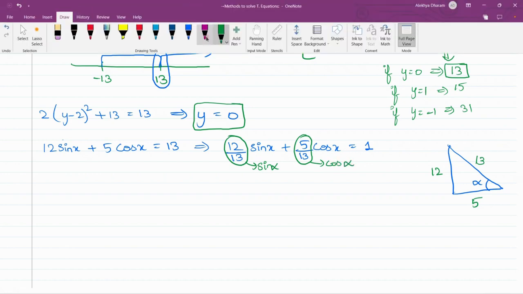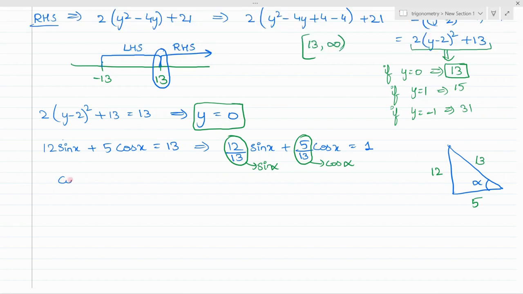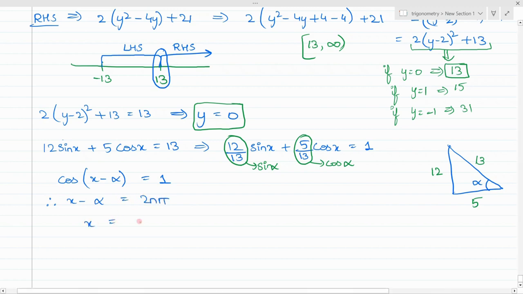Now it's in the form of sin A sin B plus cos A cos B. So cos of A minus B, which is x minus alpha, equal to 1. So this is a simple trigonometric equation. The general solution will be x minus alpha equal to 2n pi, and x is equal to 2n pi plus alpha, where n belongs to all the integers.